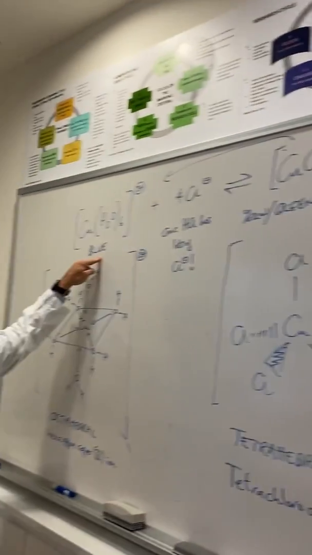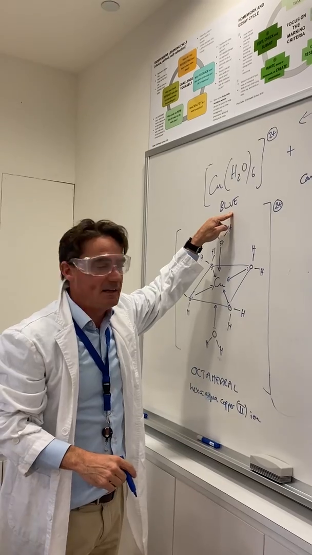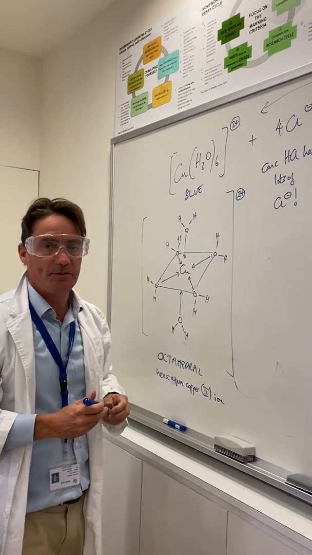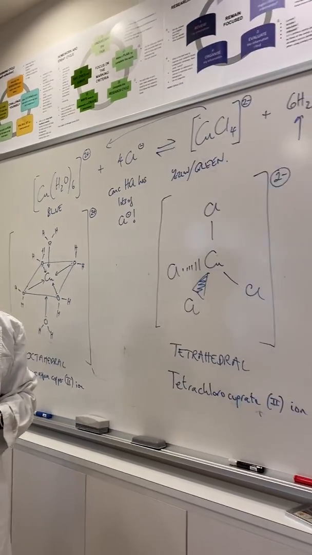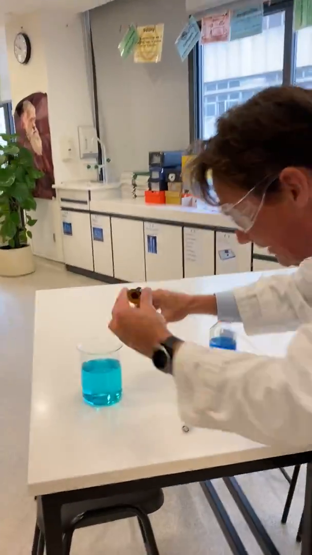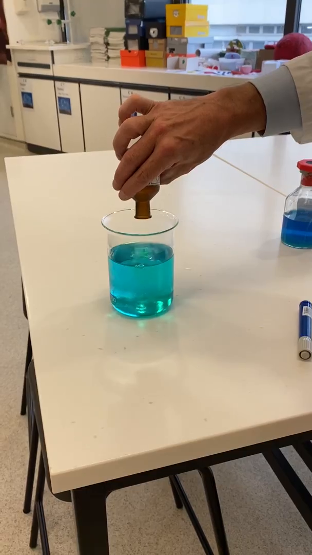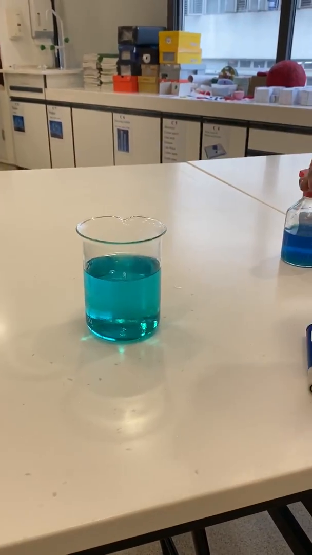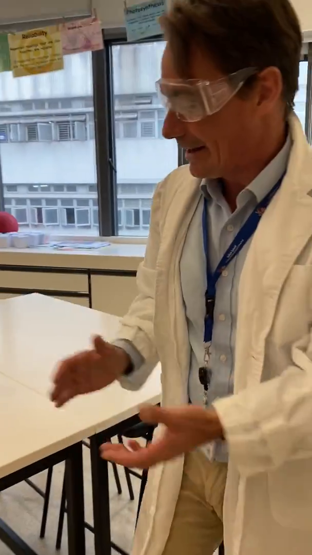So now the complex ion you can see is once again the hexaaquo copper 2 ion. I could, of course, if I had enough, and I don't because I'm running out, add more conc-HCl. Oh, you probably saw it when it's trying to go green, but there's so much water in there now that unfortunately I can't get it to go back to being green again.